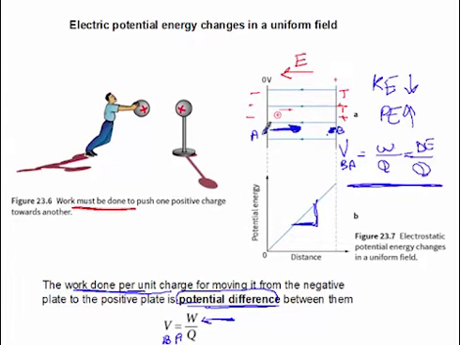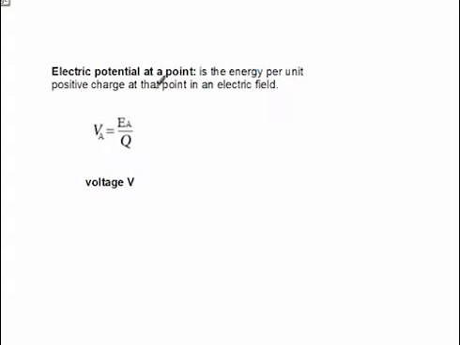The charge is at a certain point. So, electric potential at a point, that means we have, for example, this is the direction.